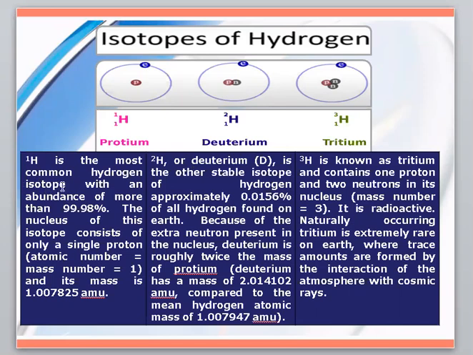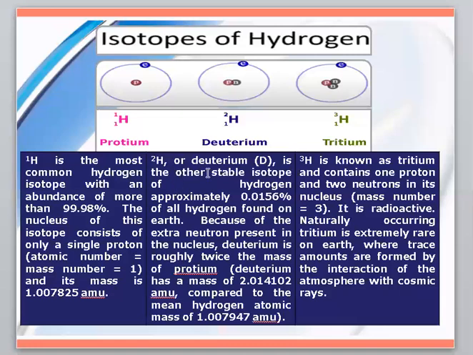Protium is the most common hydrogen isotope with an abundance of more than 99.98%. The nucleus of this isotope consists of only a single proton. Its mass number is 1.